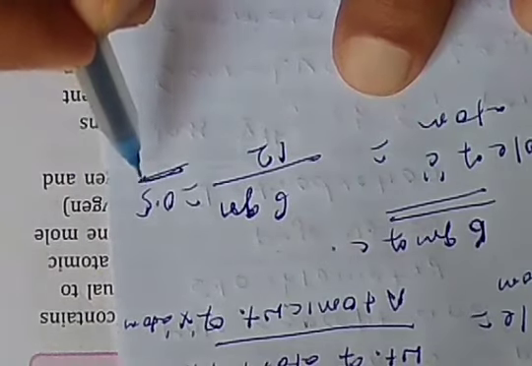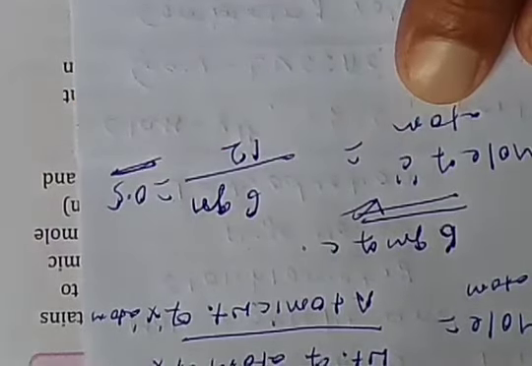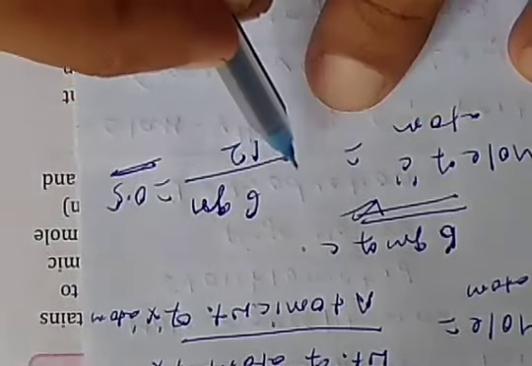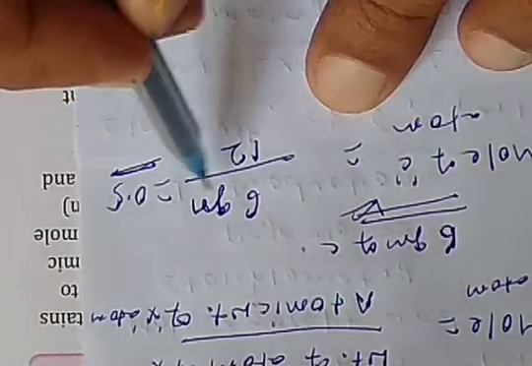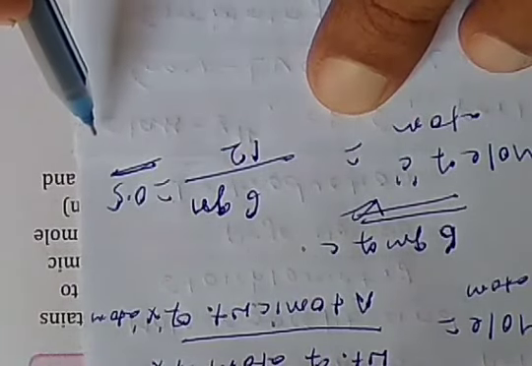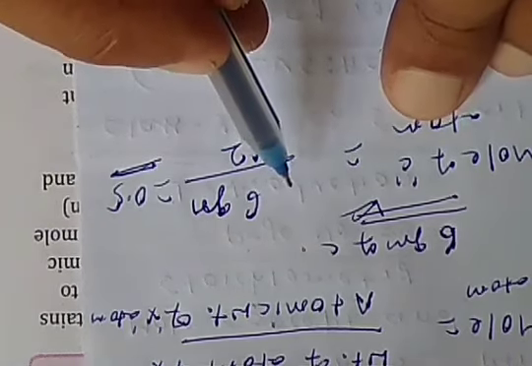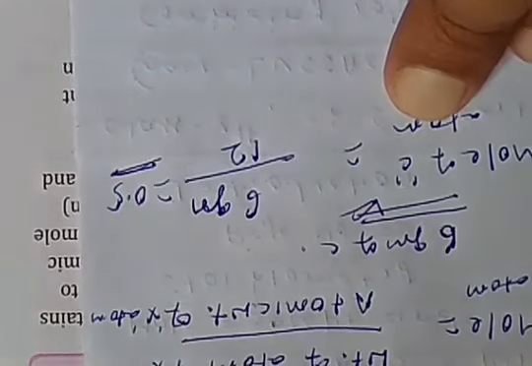So 0.5 moles are present in 6 gram of carbon. If we consider 12 gram, then 12 divided by 12 equals 1 mole. So 12 gram is also called the gram atomic weight of carbon.